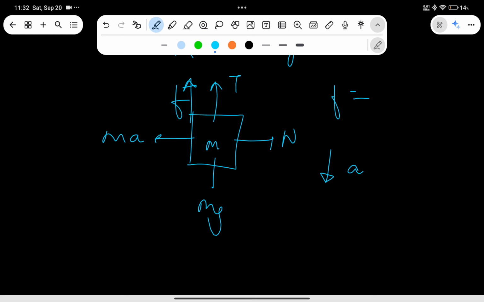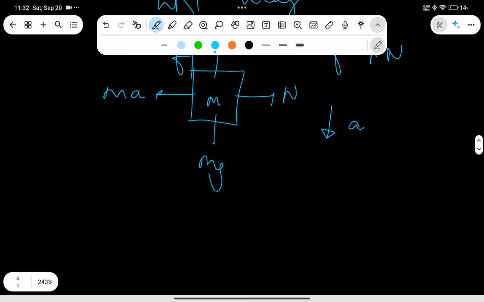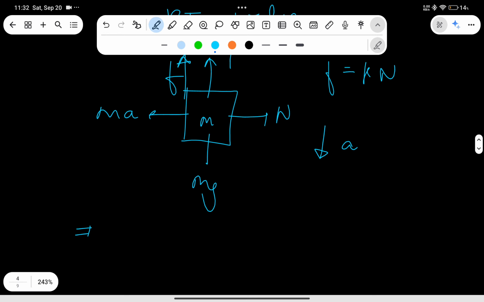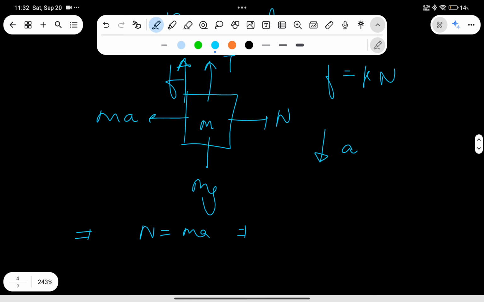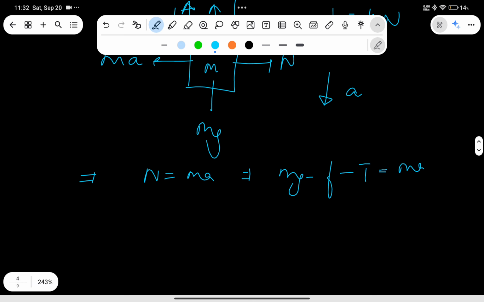Friction here is equal to kN. Writing it correctly, mg minus friction minus tension equals ma. Friction is k into N, which is ma. So replacing it, mg minus kma minus tension equals ma.